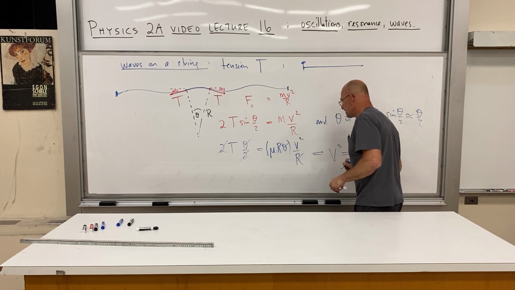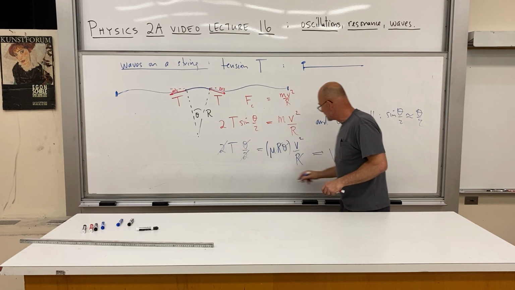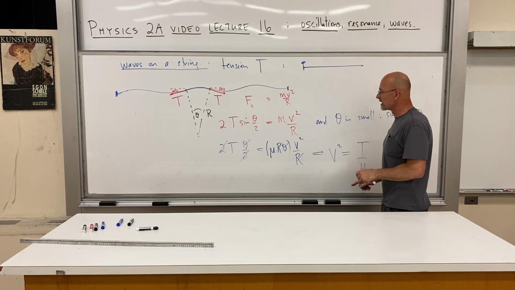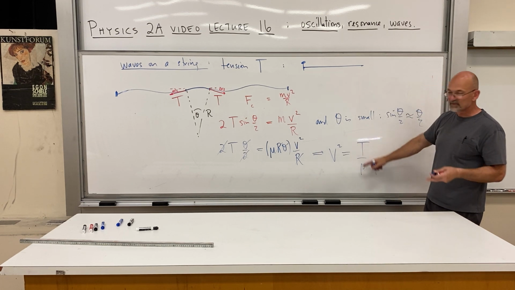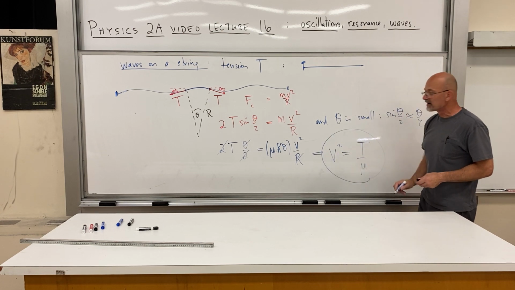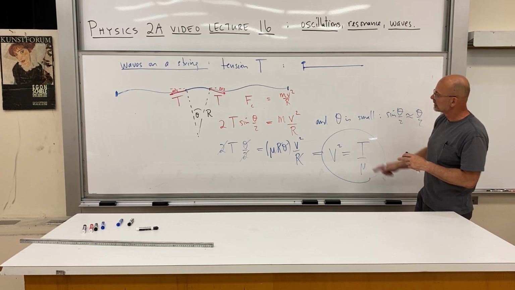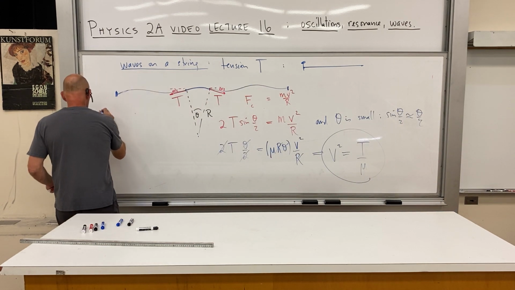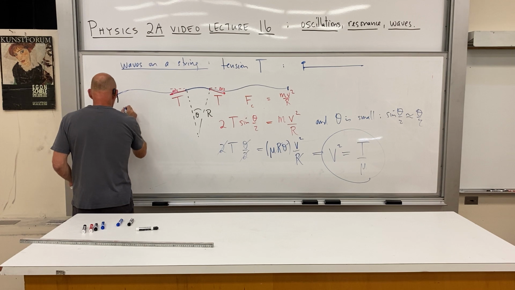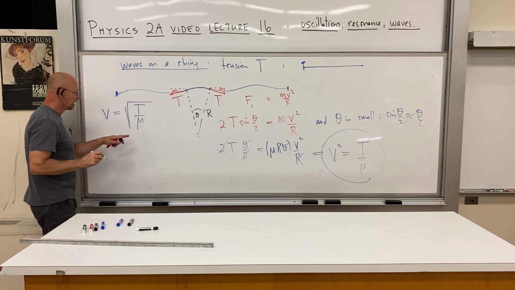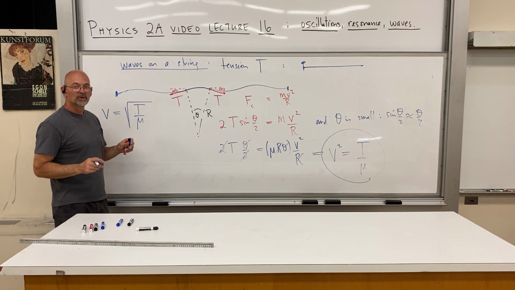V squared is equal to the tension divided by mu. I'm going to spend a little more time on this because that was a little fast. What we've found is the formula for the speed on a string. Let me analyze it over here, left side of the board. I'll put the formula down in its official form: the tension divided by this letter mu, and mu is the mass per unit length.